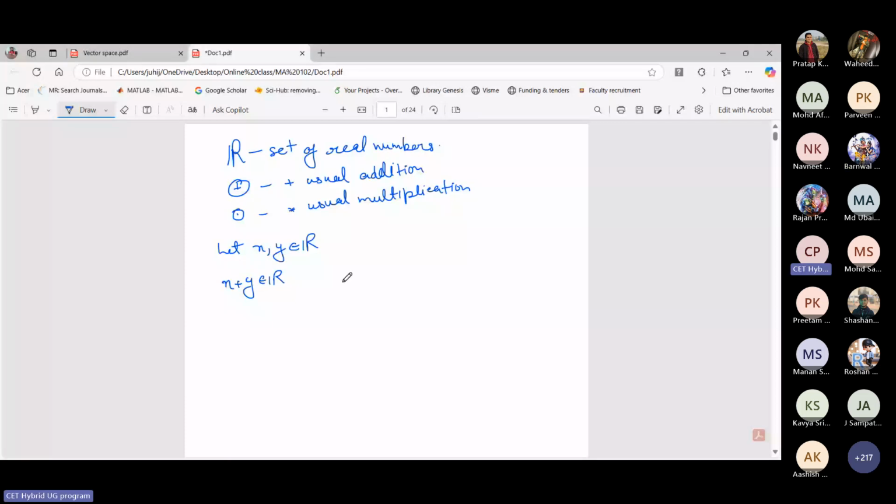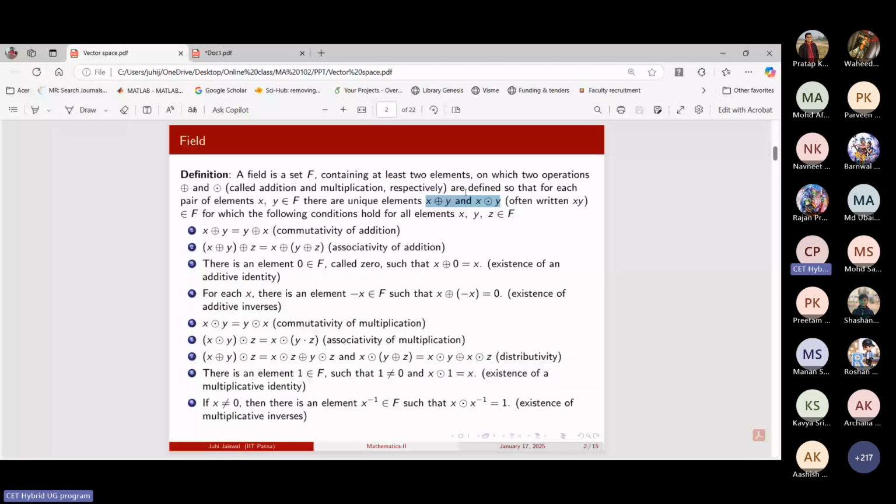What about x into y? The product of two real numbers will also be a real number. So the first thing is satisfied: it has at least two elements and the product and sum of any two numbers in R is again in R.